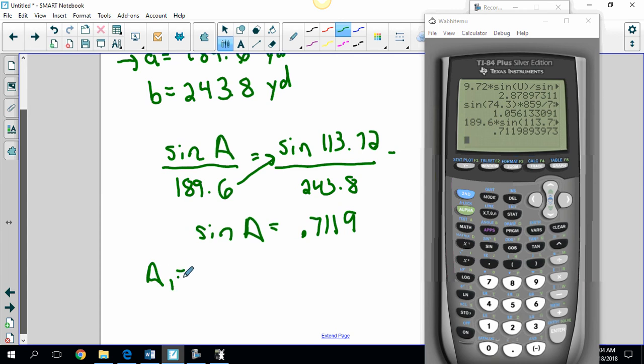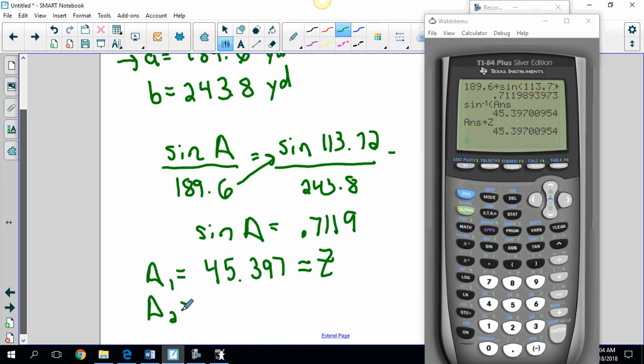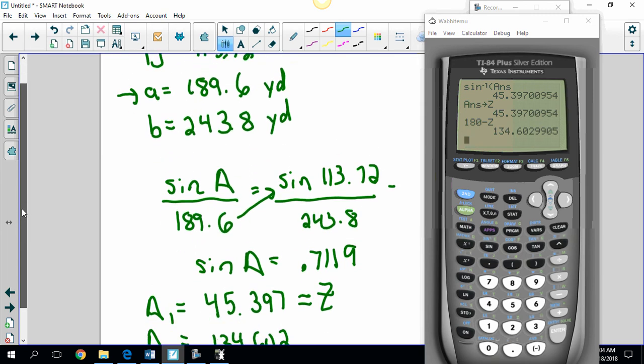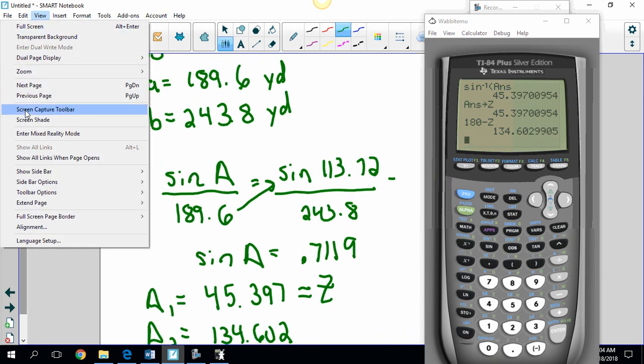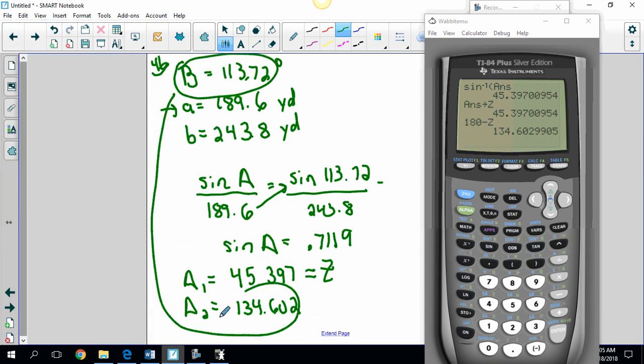A1 is inverse sine of the last answer, and you get 45.397, store alpha Z, and A2 is 180 minus alpha Z, and you get 134.602, but there's no way you can take this angle and form a triangle, because they go over 180.